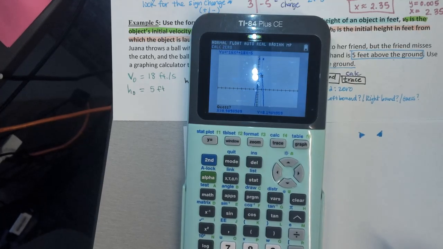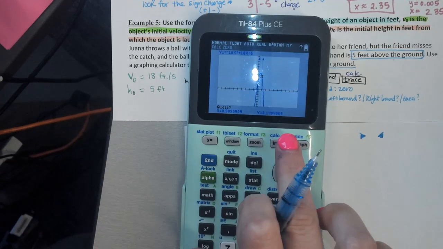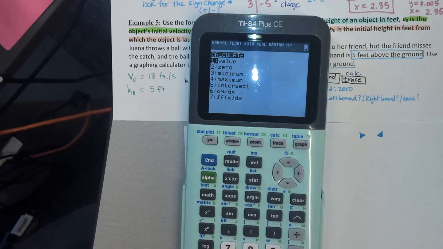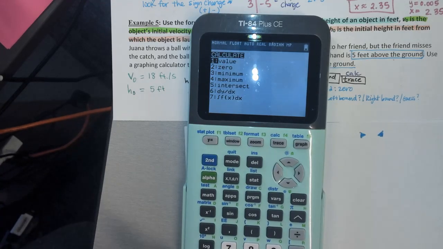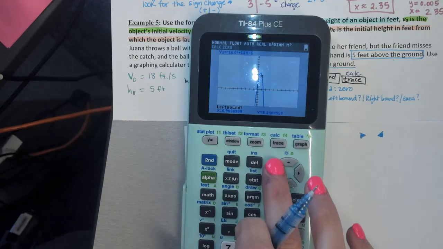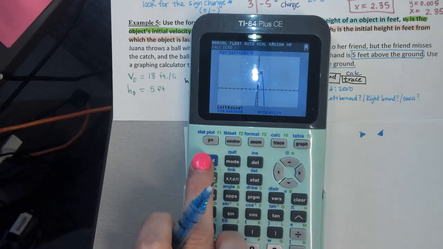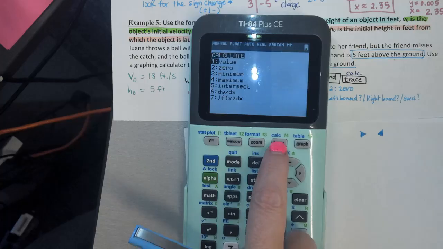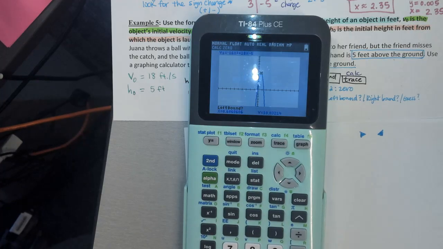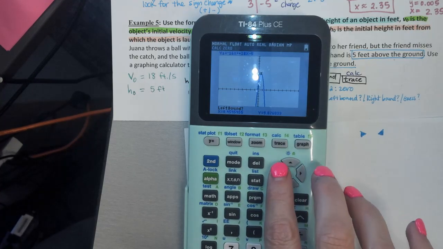I'm going to have to do it with the 0. So, we go to second calc and go to second 0. So second, and then it's your trace button. I'm sorry, I was doing your maximum.